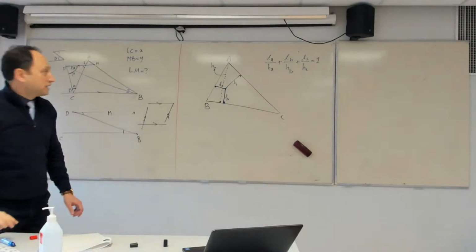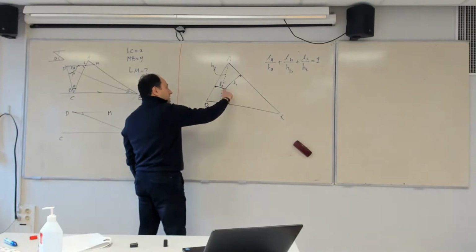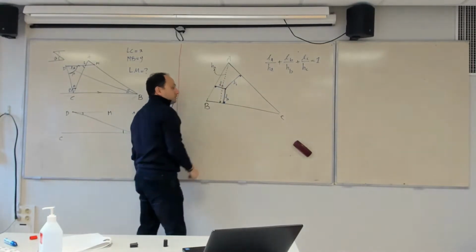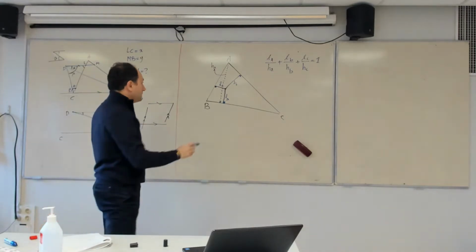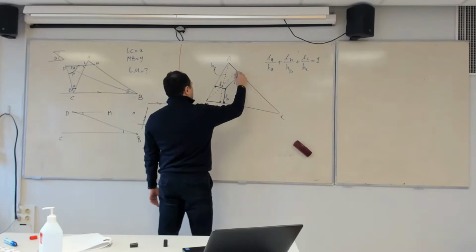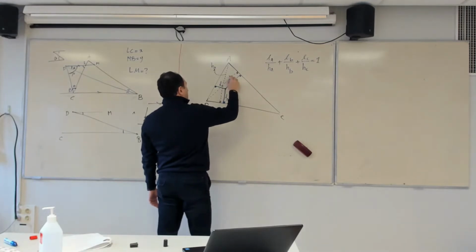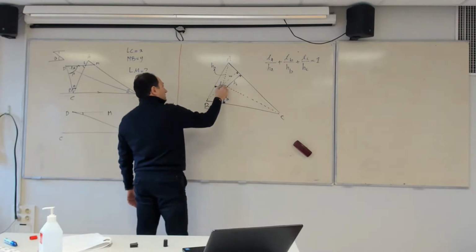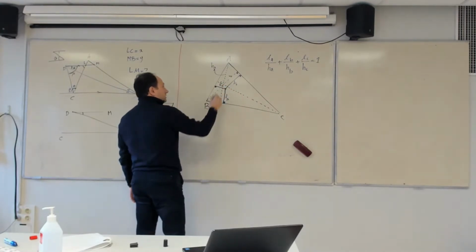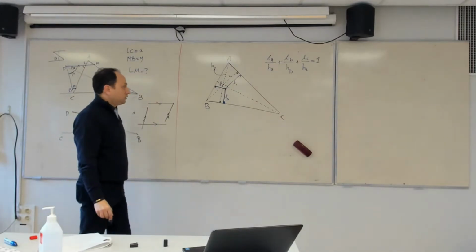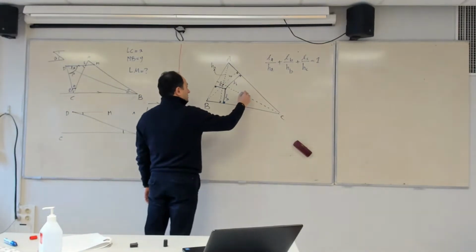So this one is HB, and the other one passes through this point. This is a theorem in Euclidean geometry: all of them pass through the same point, but you don't need to know that. That's not important here. So this is HC.